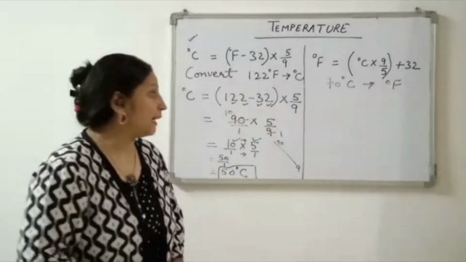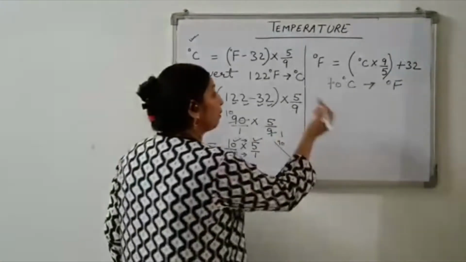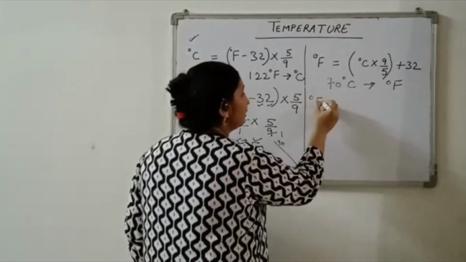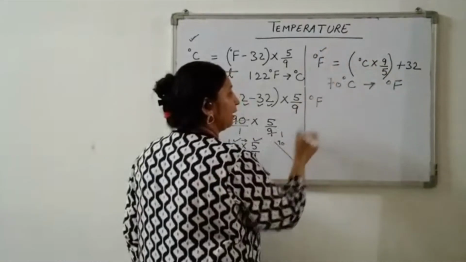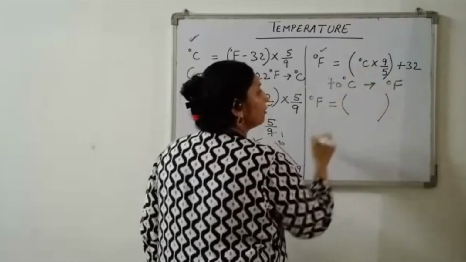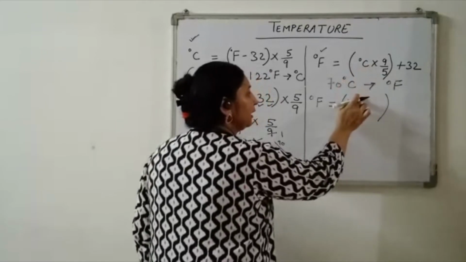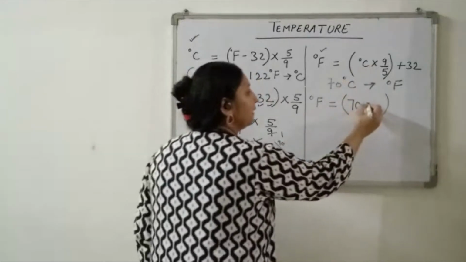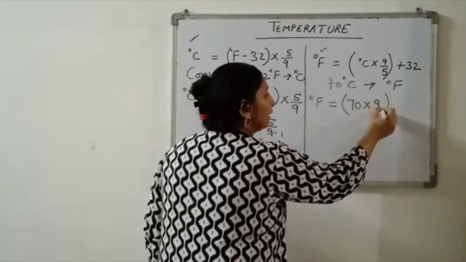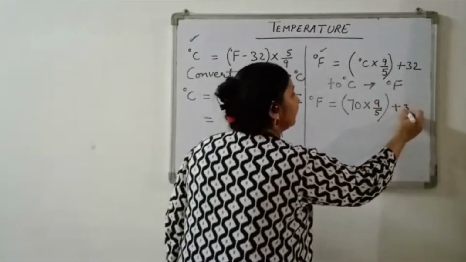So this 70 degree centigrade we are going to convert into degree Fahrenheit. But how? We are using this formula. So degree Fahrenheit will become, in bracket we are going to write down the given value, that is Celsius. No need to write this degree, and then we are going to simply multiply it by 9 by 5 and then we are going to add 32.